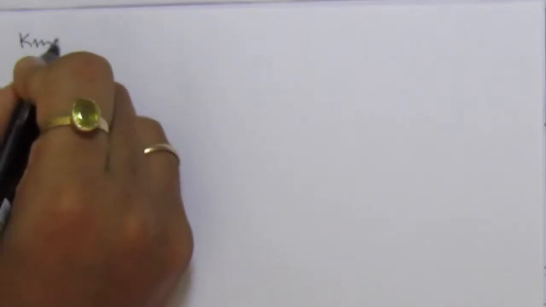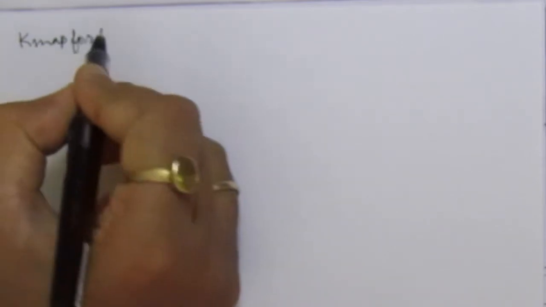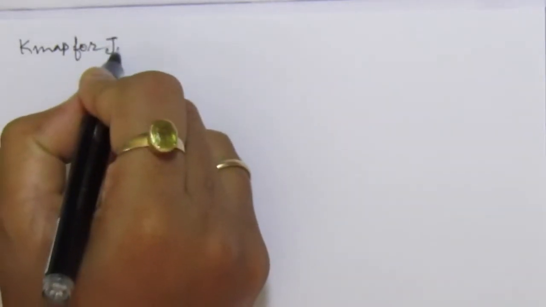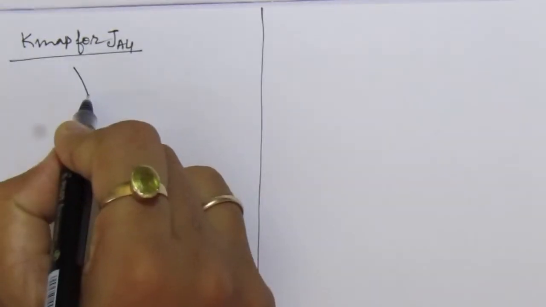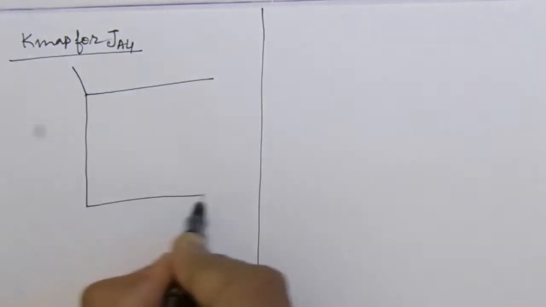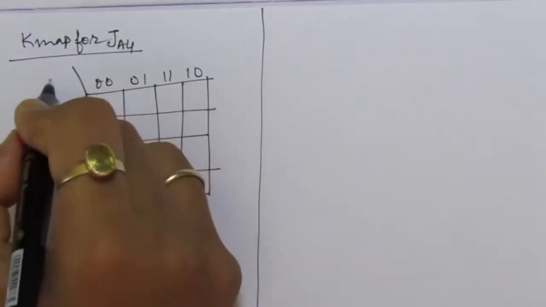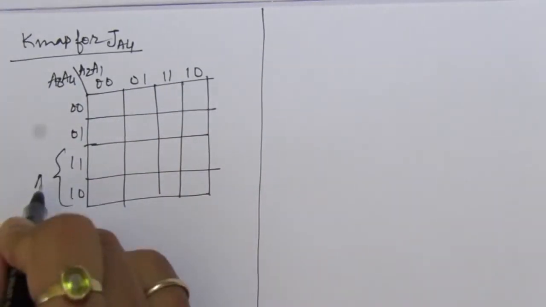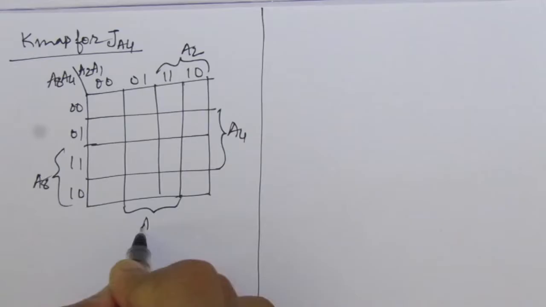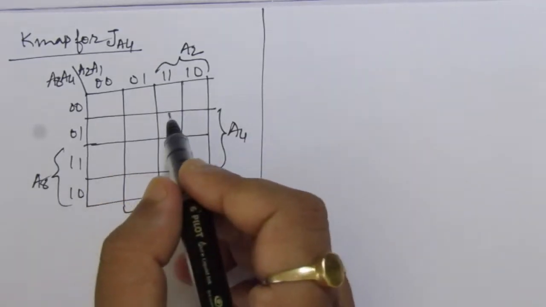KA4. K map for JA4. So here we'll have a 4 variable map. Now we have to fill up this K map with the values of JA4.